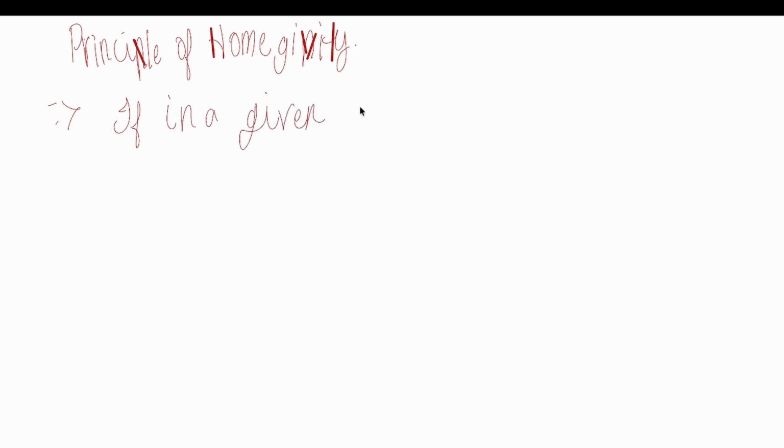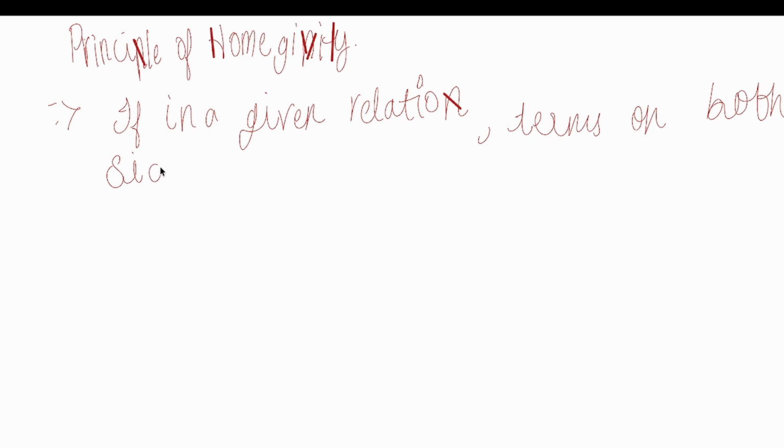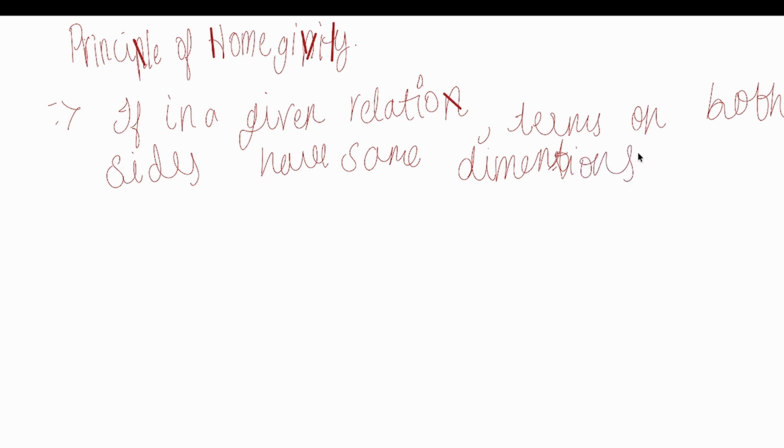In a given relation, if the terms on both sides have the same dimensions, then the relation is dimensionally correct.